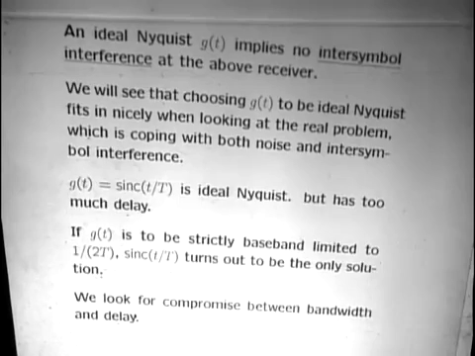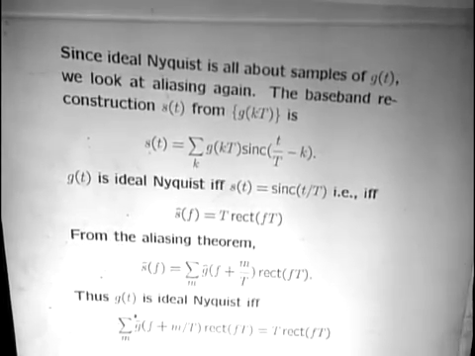What Nyquist really wanted to find out, although you won't learn that by reading his paper because it's all nice mathematical proof, is how much you have to expand the bandwidth in order to get nicer delay characteristics. Now we have an advantage that Nyquist didn't have, because we understand aliasing. Nyquist didn't understand aliasing. Aliasing hadn't been done at that time. It was probably done as a result of what Nyquist had done.